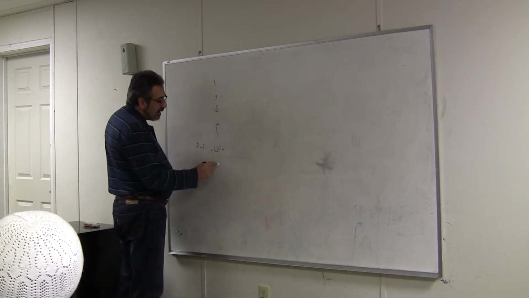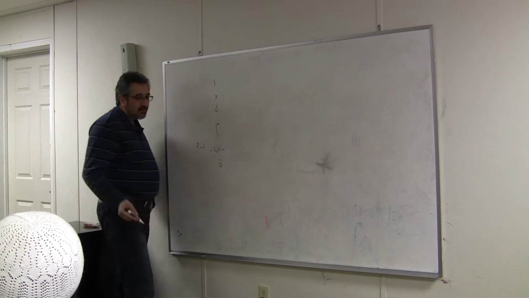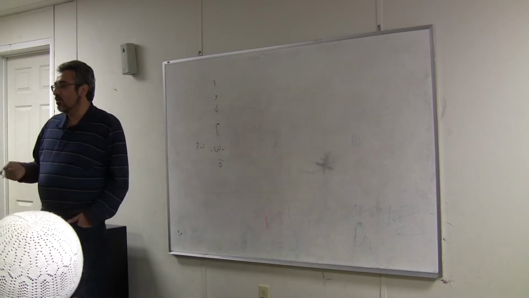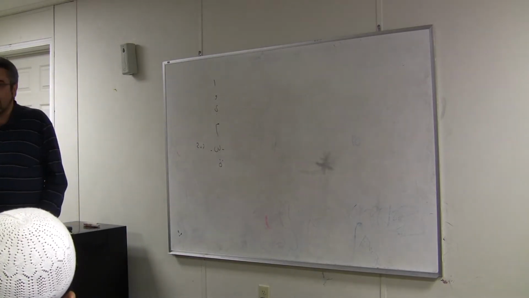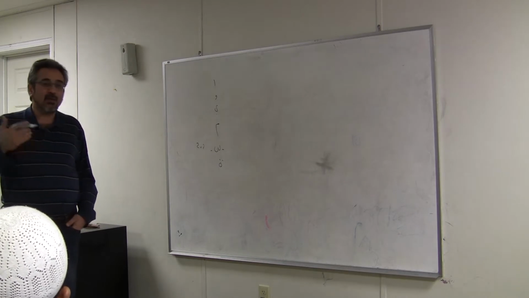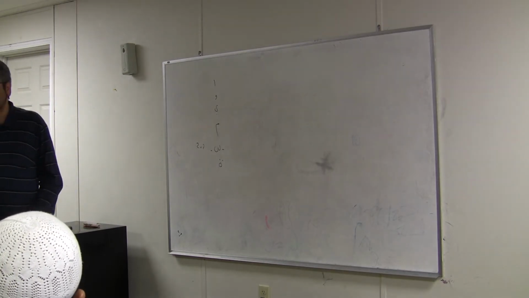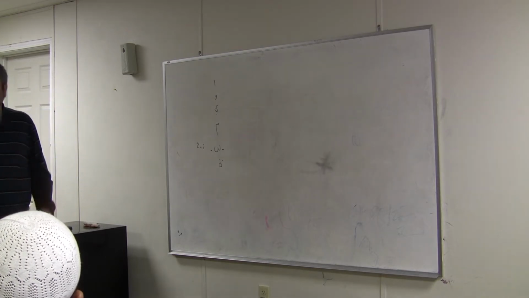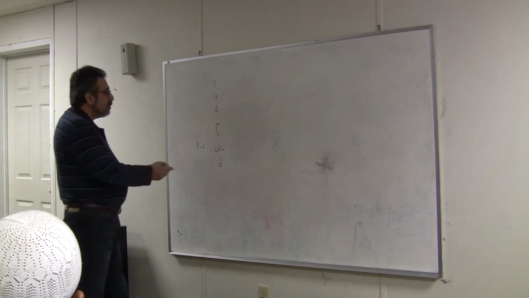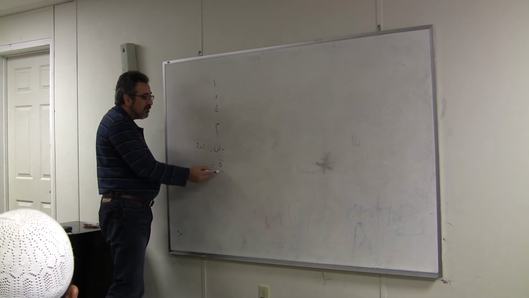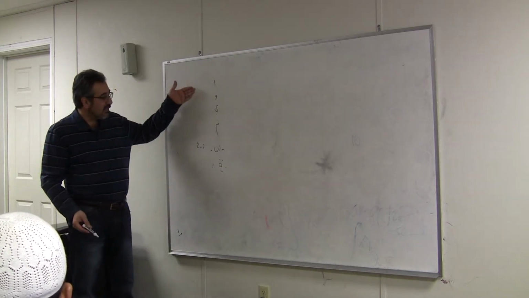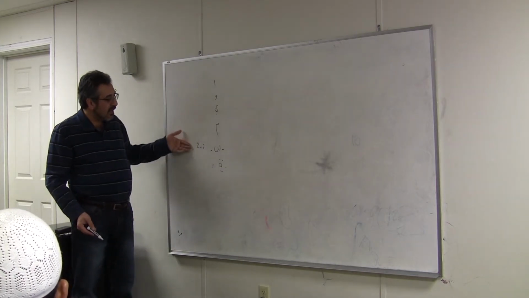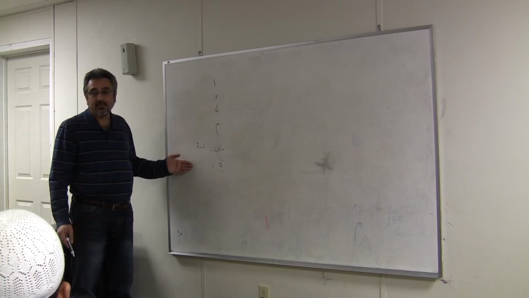There is a ta' al-marbuta for the female. Kitab is male, maktaba is female. So if it's female, we add the ta' al-marbuta to indicate it, but these are the constructs that happen to the word.